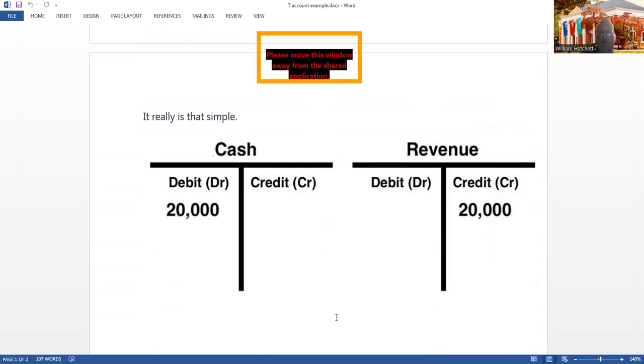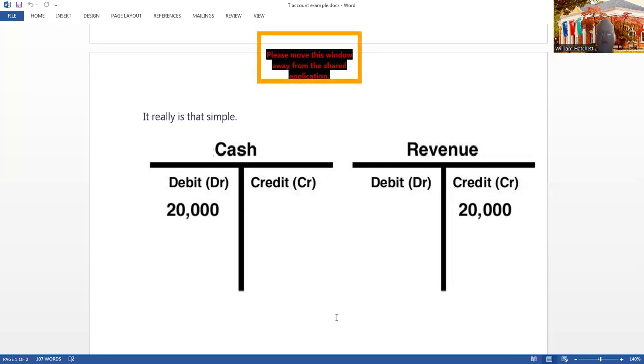So if you go by the rules of debit and credit, the $20,000, which goes into your cash account and your revenue account, if an asset account increases, which is cash, that's going to be a debit. If the revenue account or income goes up or increases, again, that's under owner's equity.